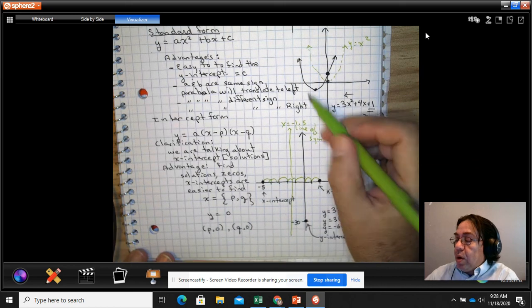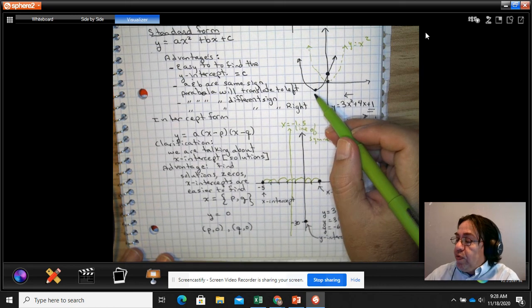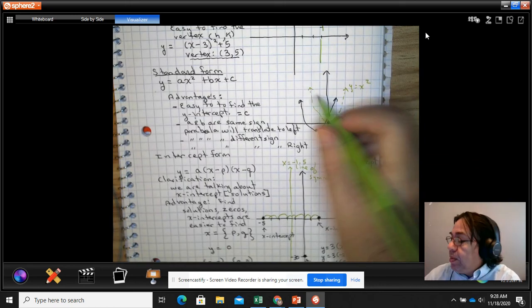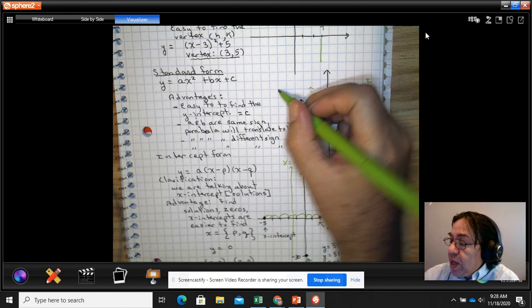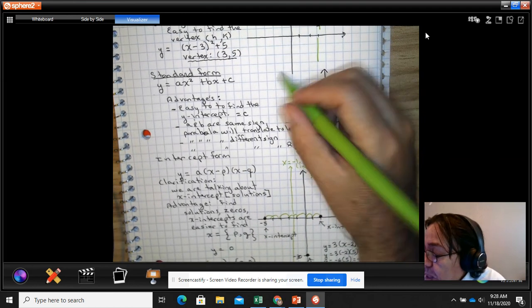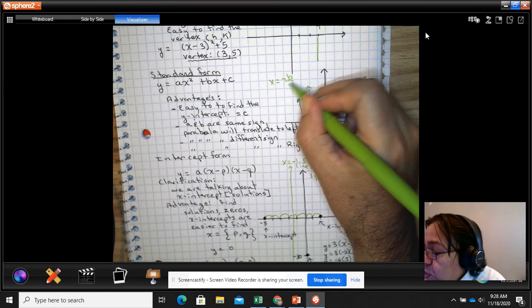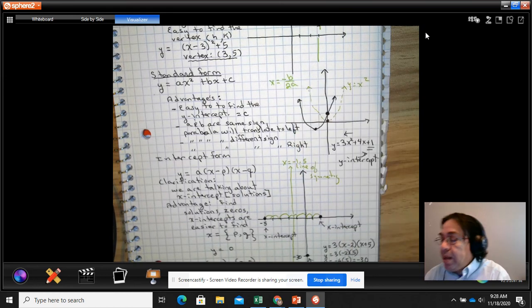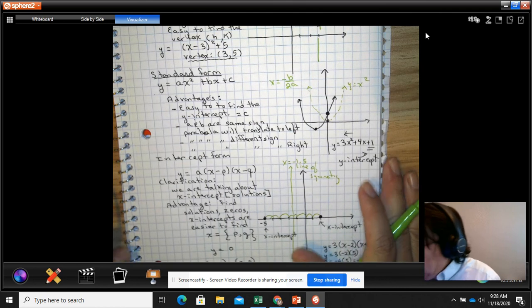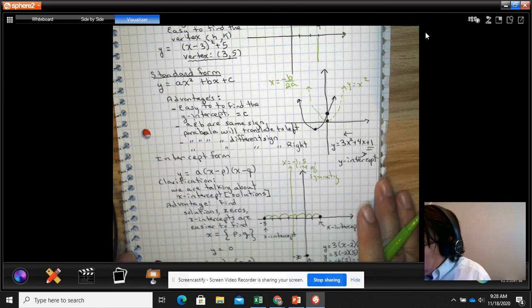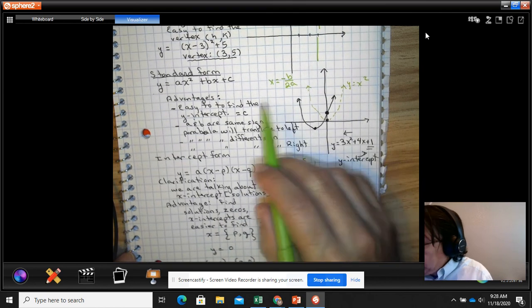Now this one's a little bit harder. To find that line of symmetry, you have to say x equals negative b over 2a. And that can be found in previous notes. So make sure to look at those details.